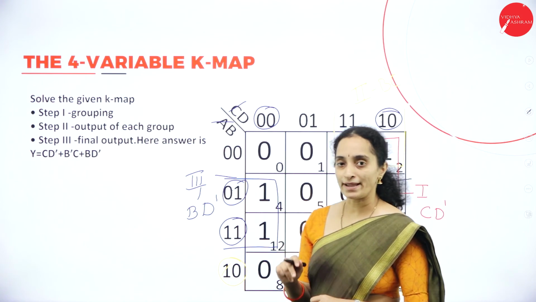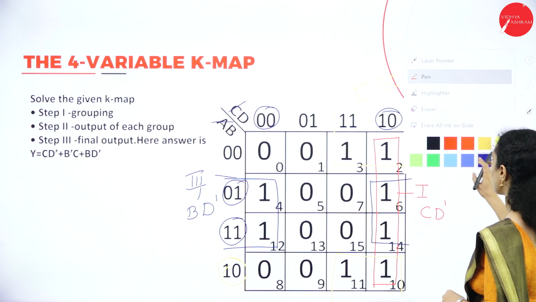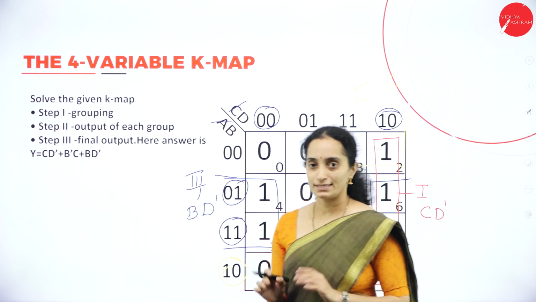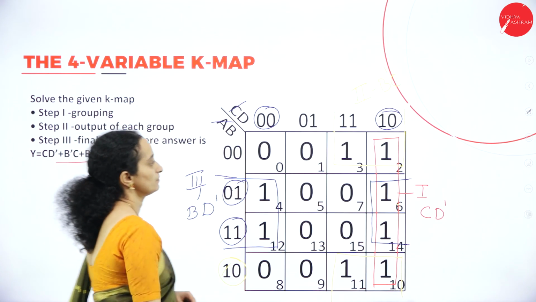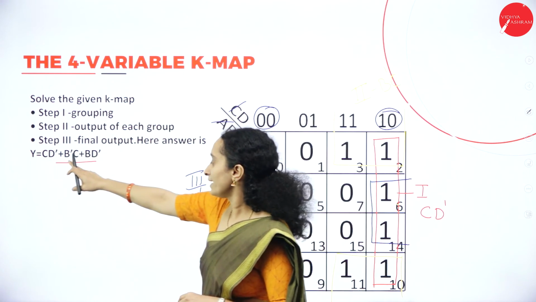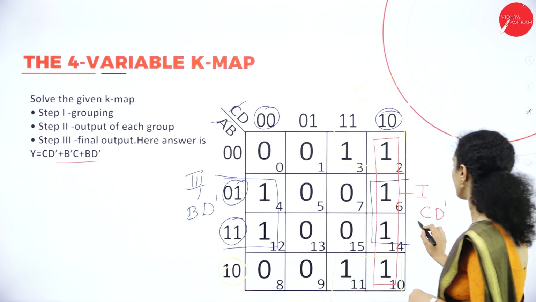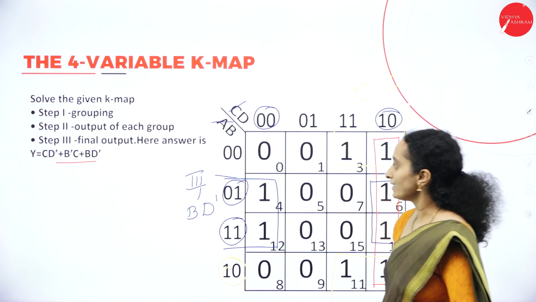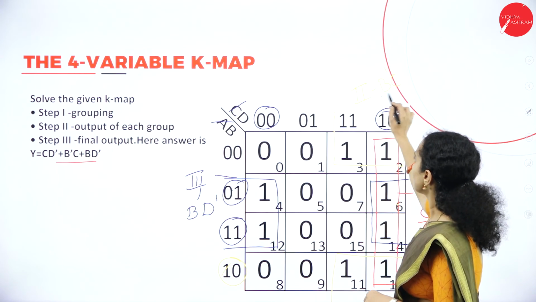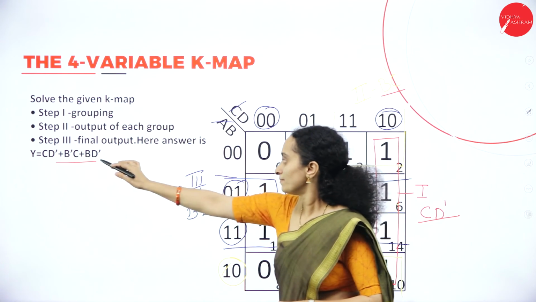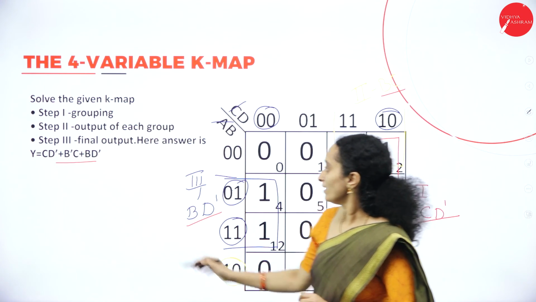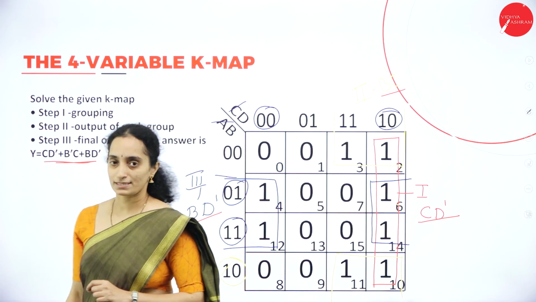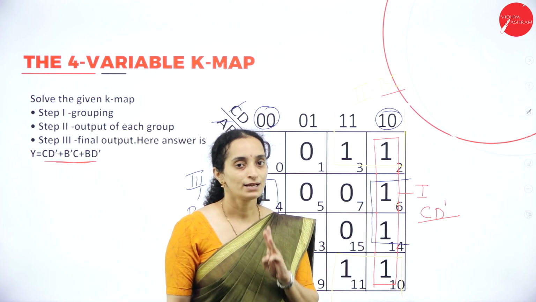Now, combine these three groups' expressions. It will have the expression C into D dash plus B dash C plus B D dash. All three expressions are obtained from three groups.